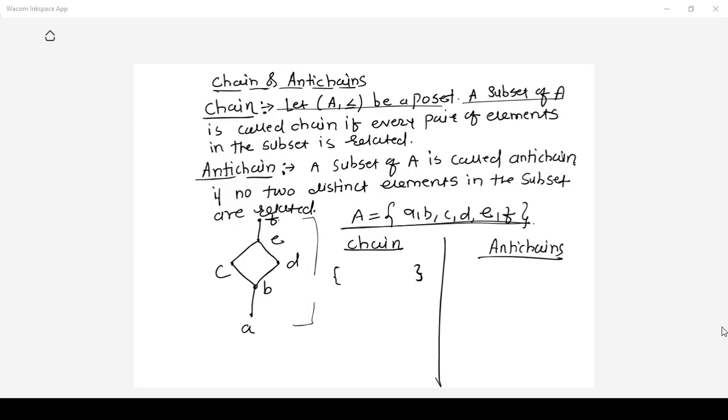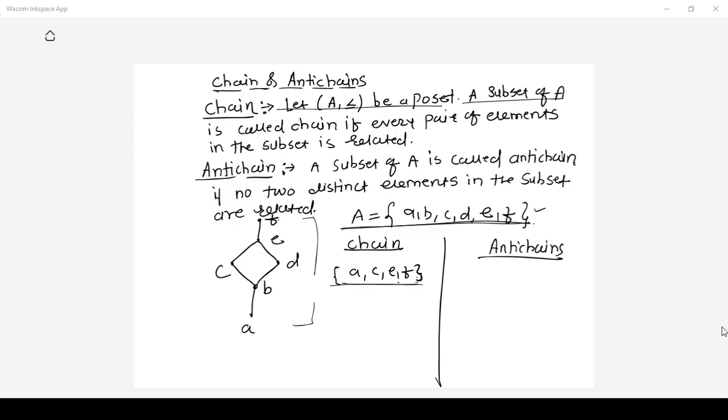So I can write the chain like A, C, E, F. According to the definition of chain, it is a subset of set A. So A, C, E, F is a subset of set A, and every pair of elements in the subset should be related.